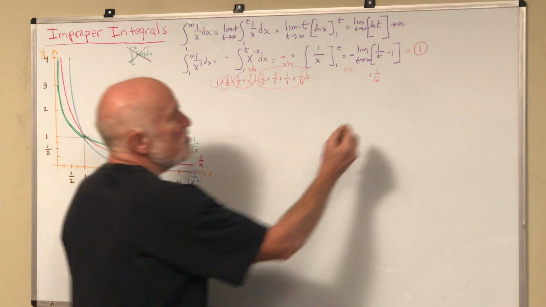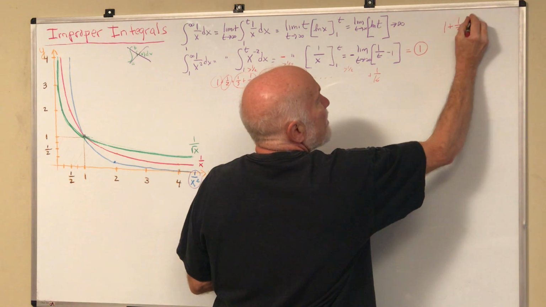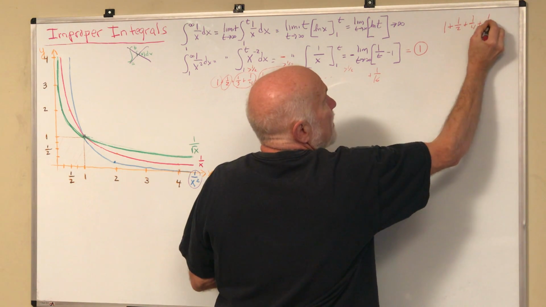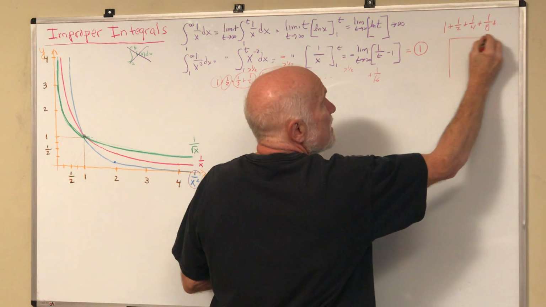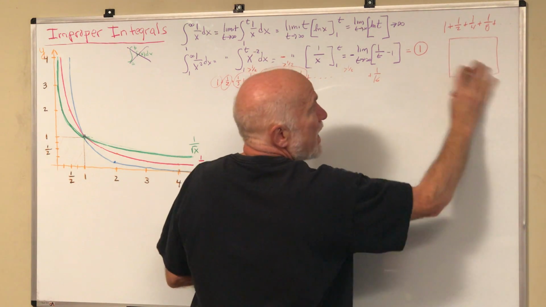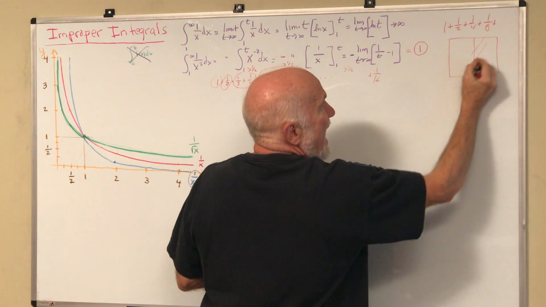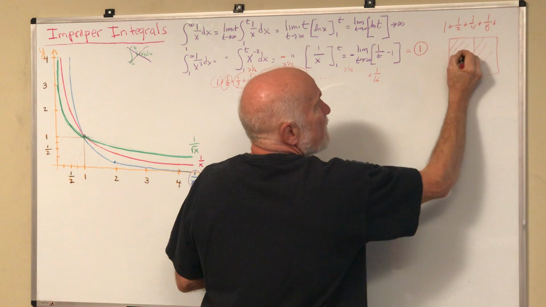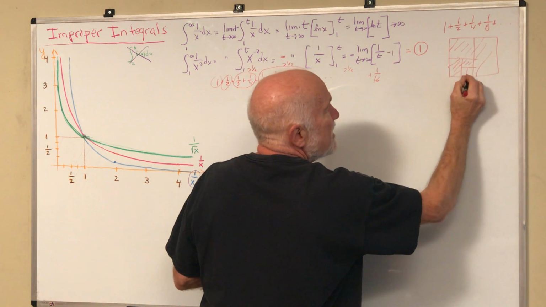Now, if I just took 1 plus a half plus a fourth plus an eighth and kept adding all those up, well, this is 1, say, then this would be a half, and this would be a fourth, and this would be an eighth, and this would be a 16th.